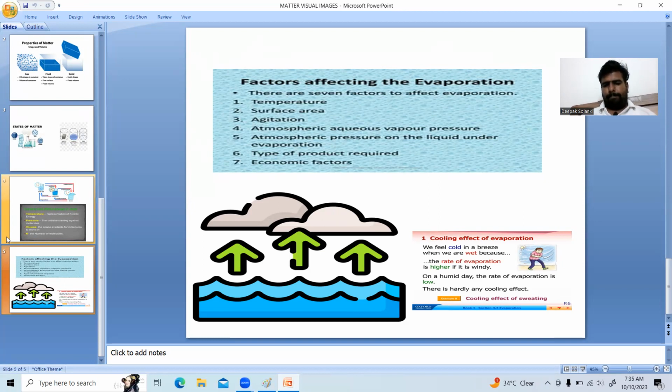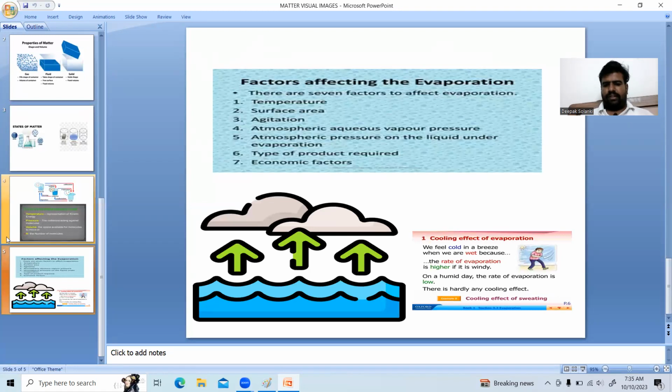Next, we can talk about the cooling effect of evaporation. Why do we feel cold in a breeze when we are wet? Because the rate of evaporation is higher if it is windy. If we take ethanol on our palm, we feel cool. This is because of the cooling effect. When we put water in a pot, it becomes cold because of the cooling effect; the pores absorb heat from outside and make the water cool.